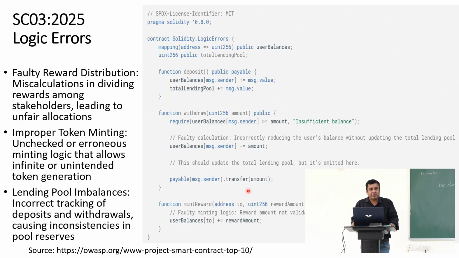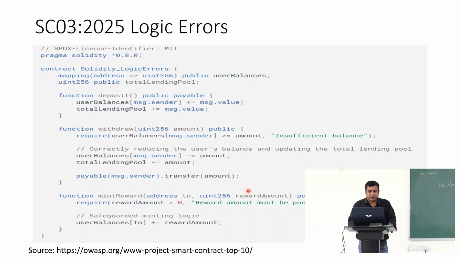If this vulnerability is there, tokens will be generated, while the tokens remain as they are, but every time a withdrawal takes place the total value of the wallets will not be equal to the initial lending pool value. Such imbalance should not occur, so your contract should be tested against such errors also.